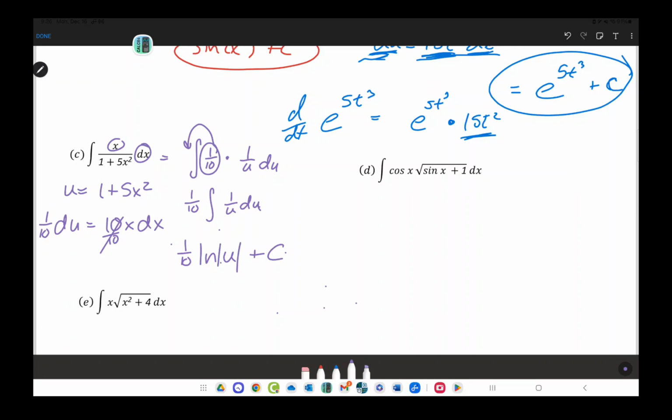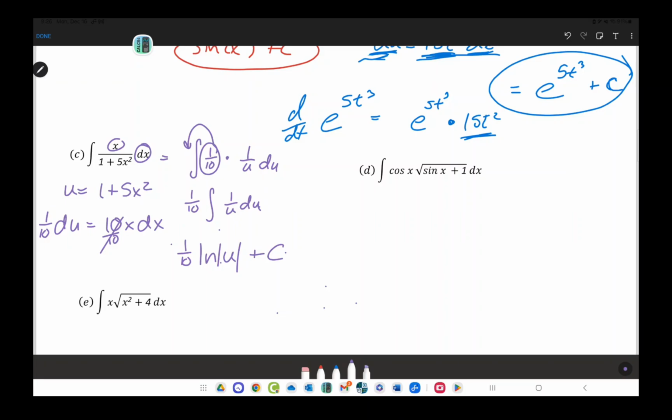Why is u equal to 1 plus 5x squared, not just 5x squared? If you're going to replace something, you might as well replace the whole expression. Oh, so you can choose. You could. If you just replace it with that, you get the same answer. It would just be somewhat more complicated, not really much in this case.